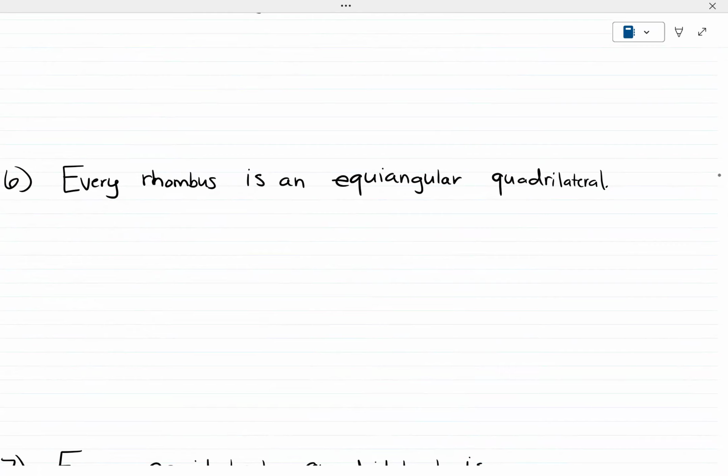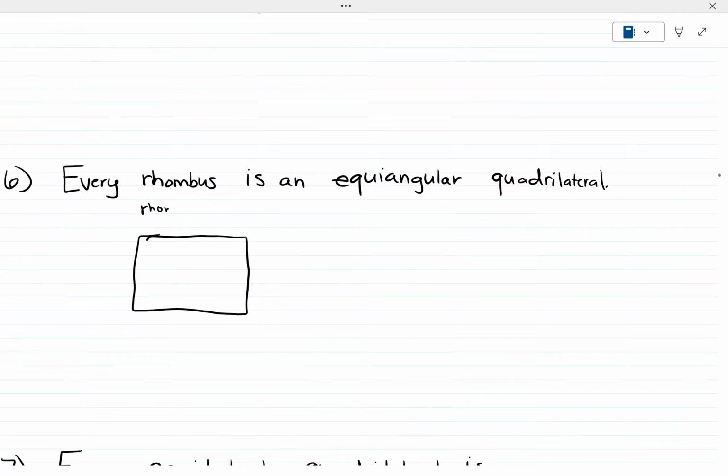Remember, a quadrilateral can be a rhombus, it could be a square, it could be a rectangle, but in a rhombus the angles are not equal angular, right? So this is false.